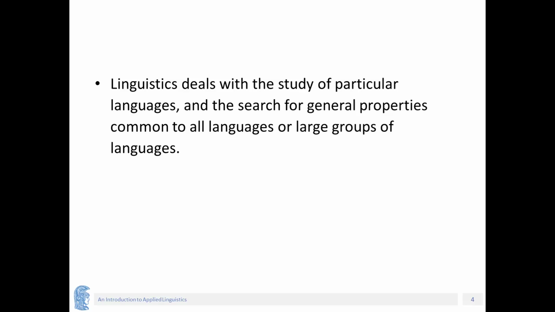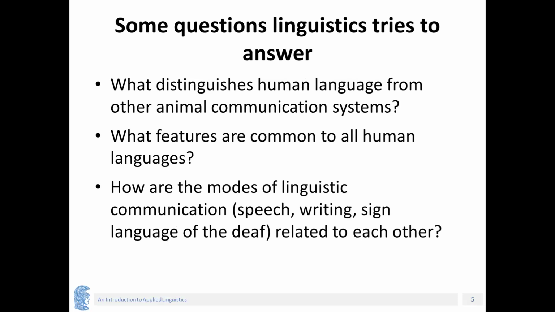So here also we are talking about the task of linguistics.